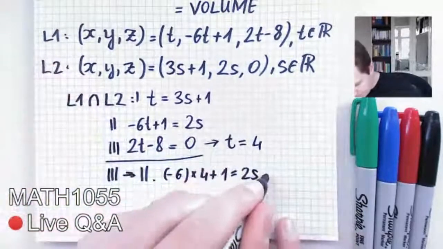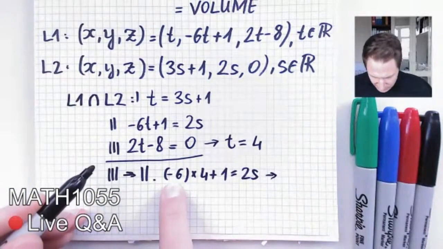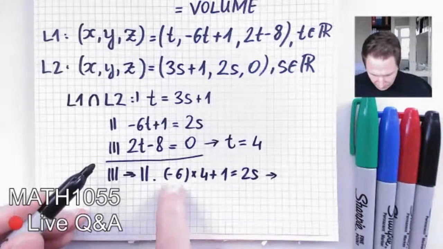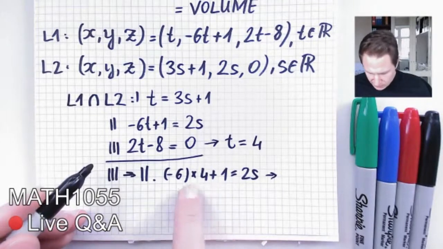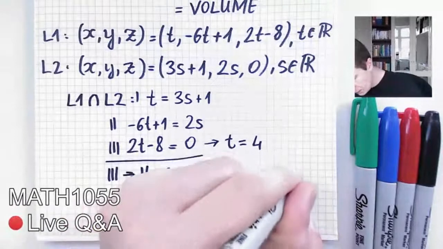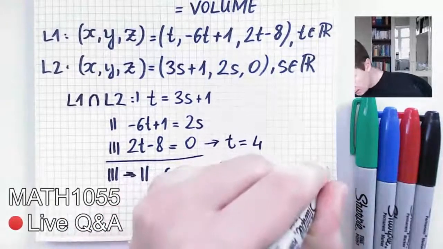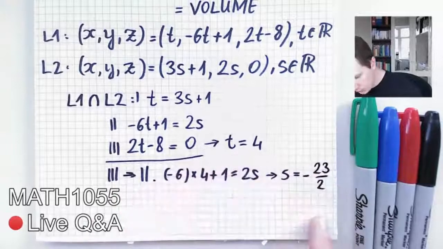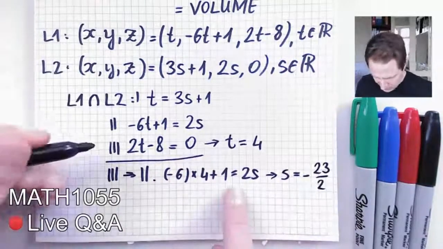So from this, what do you get? Minus 24 plus 1, that's minus 23. So s should be minus 23 over 2, I think. I hope I did not mess this up.